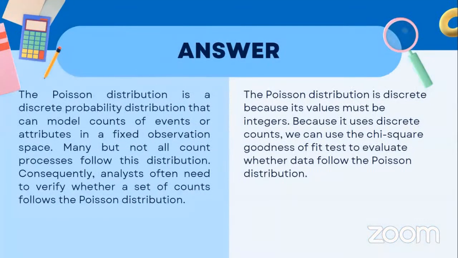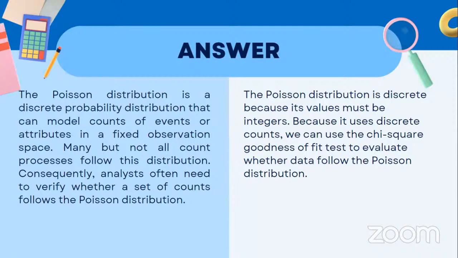So the answer for the fourth question: the Poisson distribution is a discrete probability distribution that can model counts of events or attributes in a fixed observation space. Many, but not all, count processes follow this distribution.